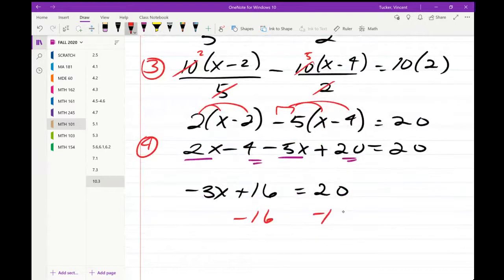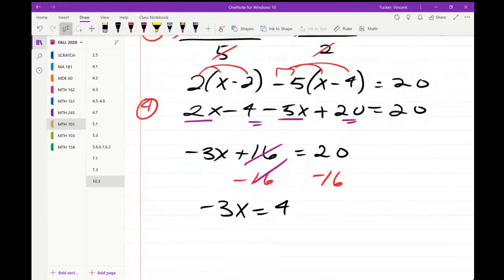Subtract 16 from both sides. Negative 3x is equal to 4. Divide by negative 3.